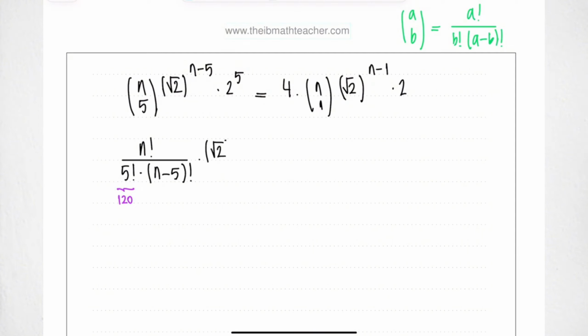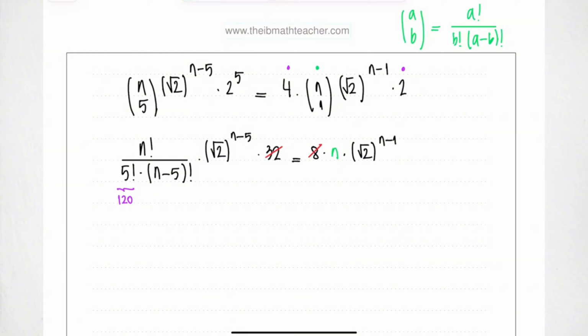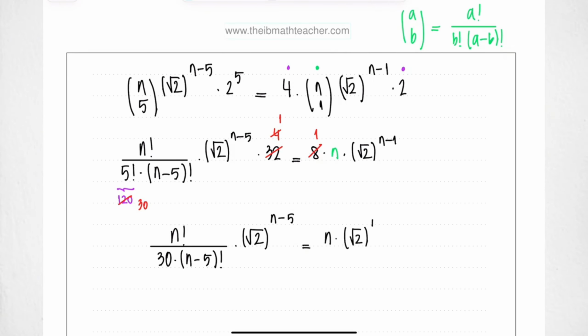This times root 2 to the n minus 5 times 32 is equal to 8 n choose 1, which is n, and you can use this formula to verify, times the root of 2 to the n minus 1. Now we can simplify this 8 with this 32, that gives us 4 and 1, and this 4 with a 120, which gives us 1 and 30. So we have n factorial over 30 times n minus 5 factorial times root of 2 to the n minus 5 equal to n times root 2 to the n minus 1.